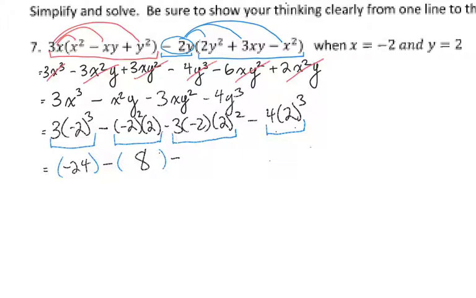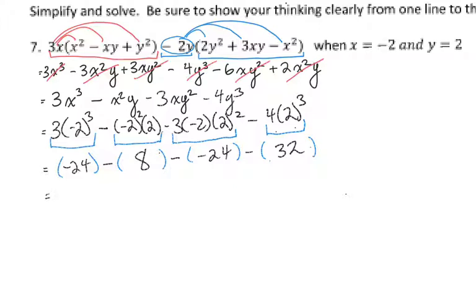Minus, let's see, the result of that complex is going to be, well, negative 8 times 3, which is going to be negative 24. And for the final complex, we're going to have 4 times 8, which is going to be 32.